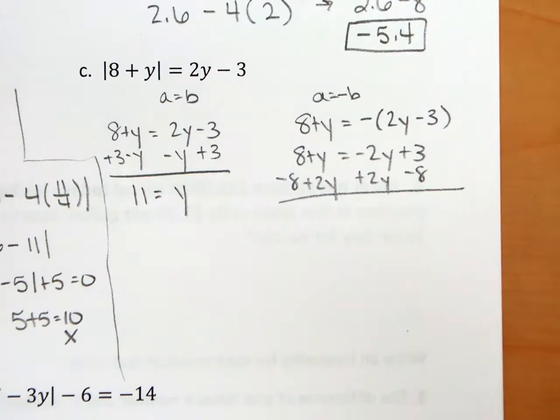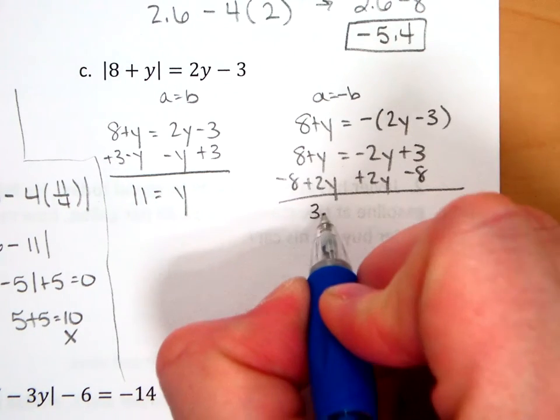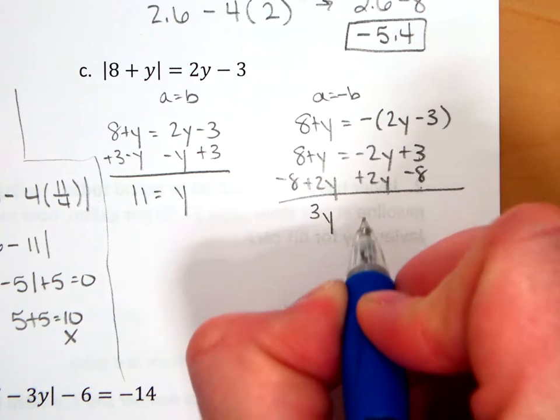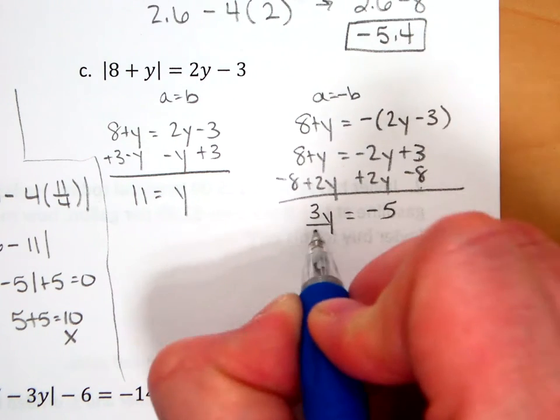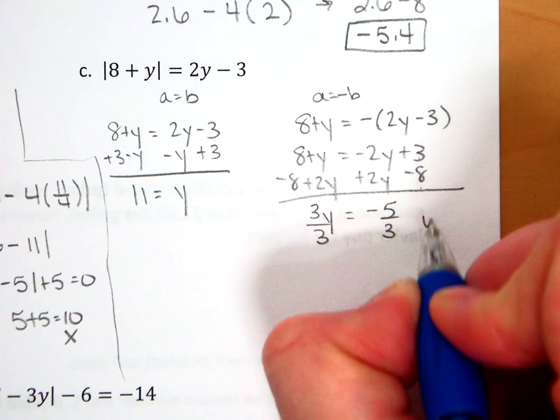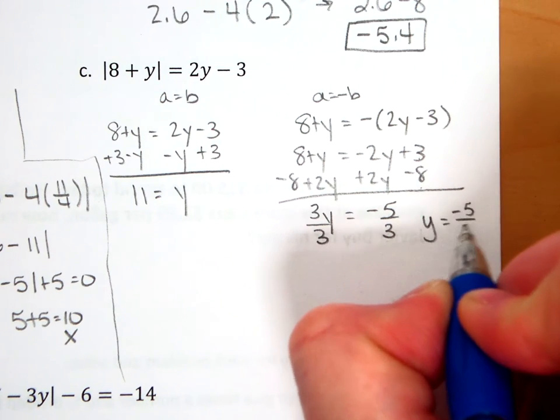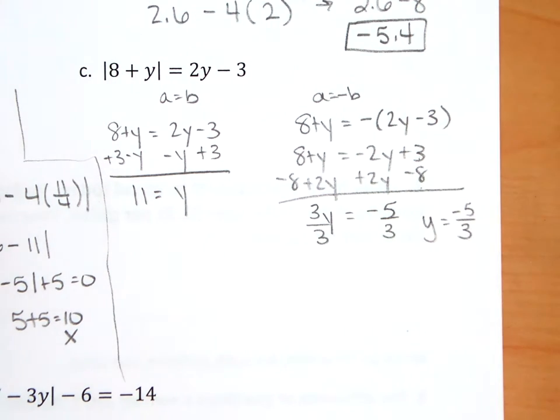So I get y plus 2y, which is 3y. 3 minus 8 equals negative 5. Divide by 3, divide by 3. y equals negative 5/3.